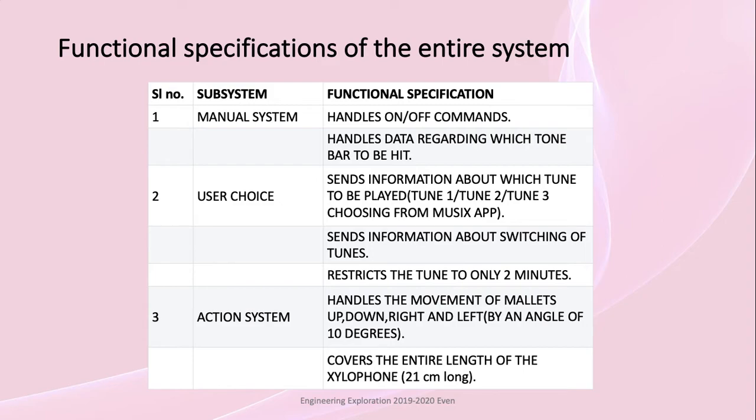Also, information about switching of tunes and the duration of which the tune should be played. And finally, the action system, which handles the movement of mallets up, down, right and left, each of which would be done by an angle of 10 degrees and covering the entire length of the xylophone.